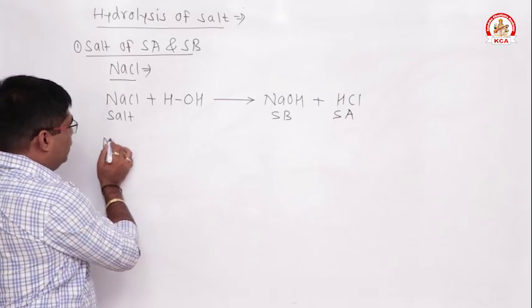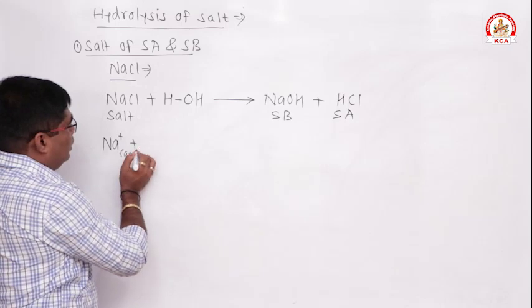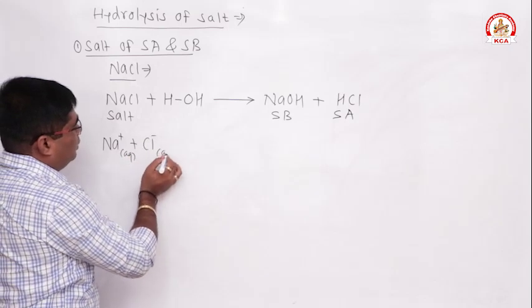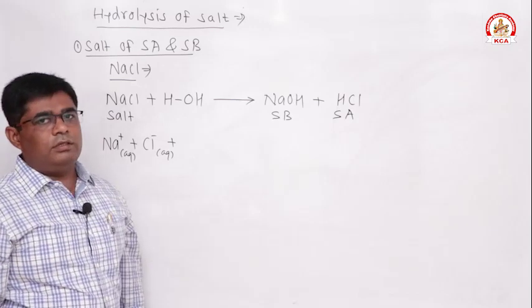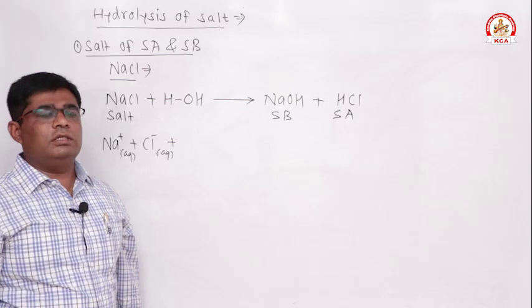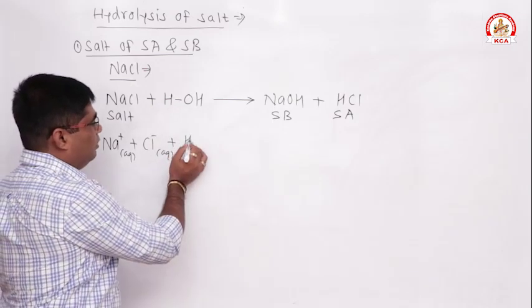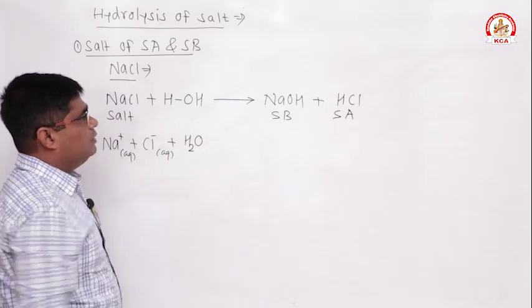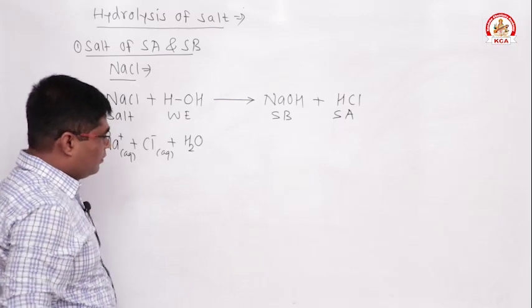After dissociation in aqueous medium it gives Na plus and Cl minus aqueous. H2O, water is a very weak electrolyte. It dissociates to a very small extent. Therefore we do not consider dissociation of water. It remains as it is, म्हणून आपण तो as it is लिहिला because it is a weak electrolyte.